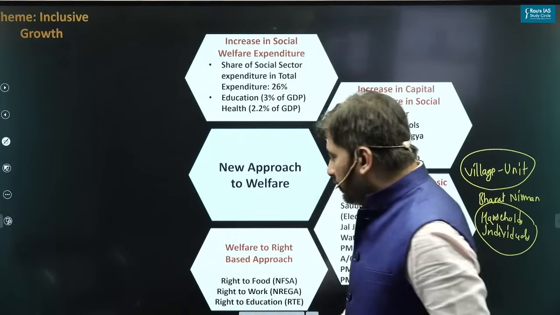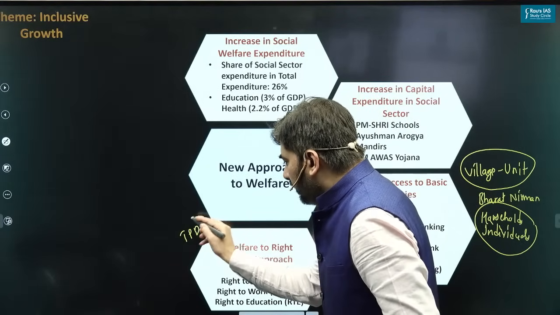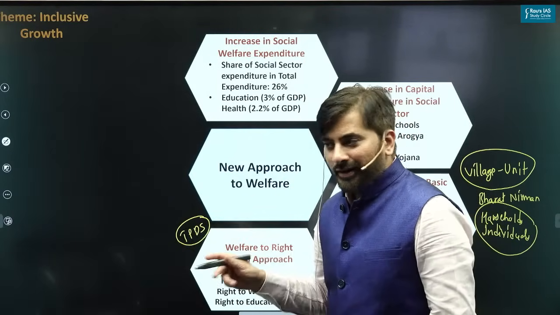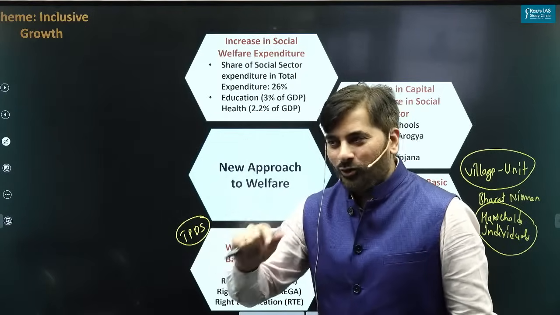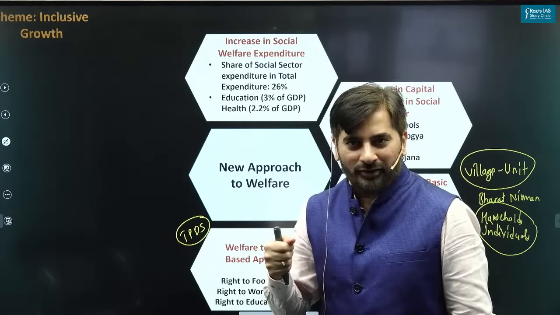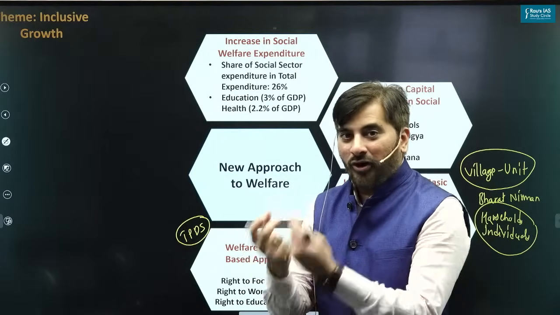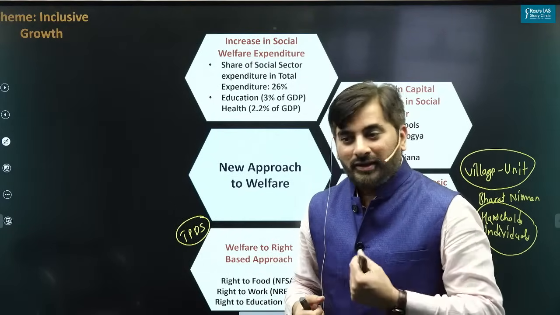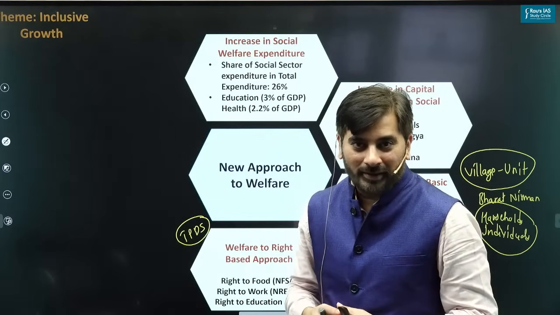Earlier, government used to implement a scheme called as Targeted Public Distribution System, which is more of welfare. Now, why would I call it as welfare? It is up to the government to provide for subsidized food grains to the people. People as such cannot demand from the government that they should get the subsidized food grains. So here people are passive recipients of the welfare services.